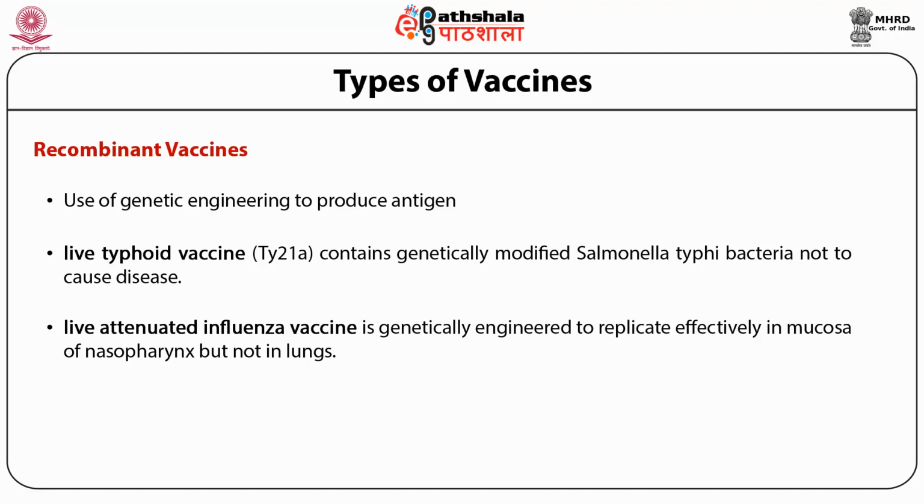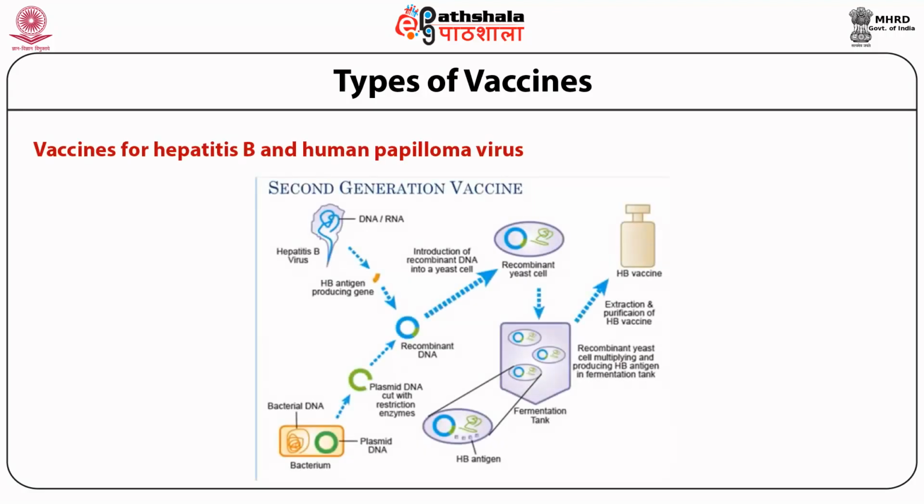in lungs. So this figure shows you how the vaccines for hepatitis B and human papilloma virus have been produced by inserting the viral segment into a vector which could be yeast or virus to produce hepatitis B surface antigen protein or human papilloma virus capsid protein.